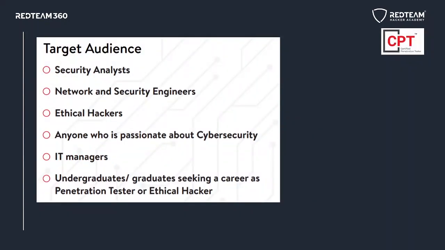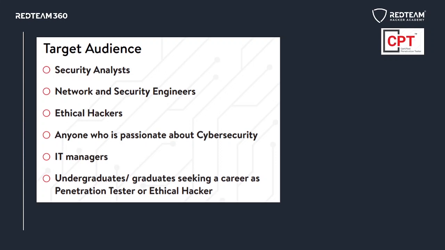Now, if you look at the target audience for this particular course, it can be freshers, students, or people who are in the industry. So whoever feels the contents of this particular course will be useful to them, it will be really useful for them.